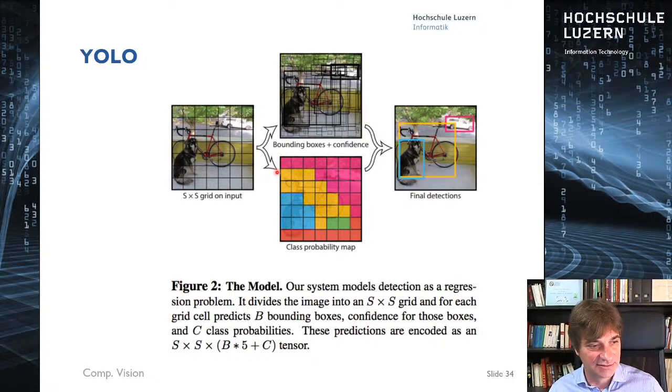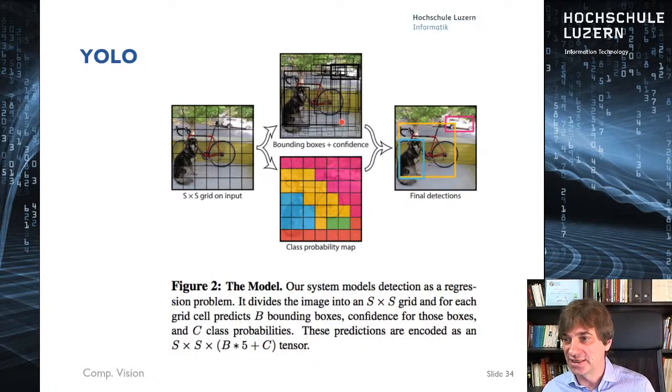Then in addition to the class probability map, you make the prediction of the bounding boxes also with the same neural network. Each cell can give 2 bounding boxes, and it can give the probability of those bounding boxes. Here it's drawn with a fat border for the bounding boxes that are more probable, and the other ones are less probable.